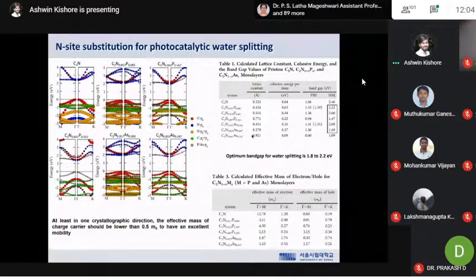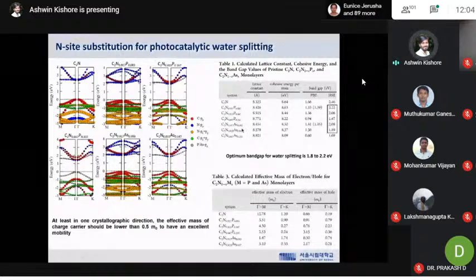So these are promising materials for water splitting in terms of the band gap, and they are also direct band gap materials. We calculated the effective mass of the charge carriers, and the effective mass is inversely proportional to the carrier mobility. If you have a lower effective mass, then the carrier mobility will be high.